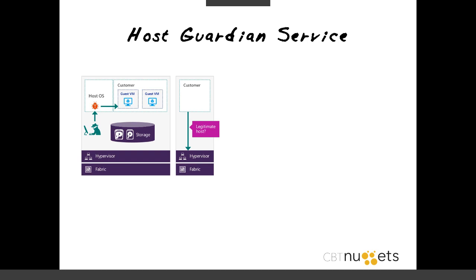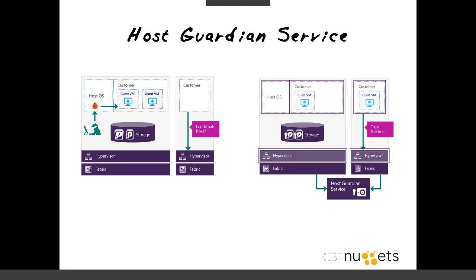Microsoft looked at this and said there's got to be a better way to do this. And they introduced something called the Host Guardian service. What this does is it allows us to create a guarded fabric. So we can do a couple of things. We can block that type of attack we were talking about a moment ago. But we can also decide what hosts are actually legitimate hosts, and we can certify them to run as shielded tenant virtual machines.